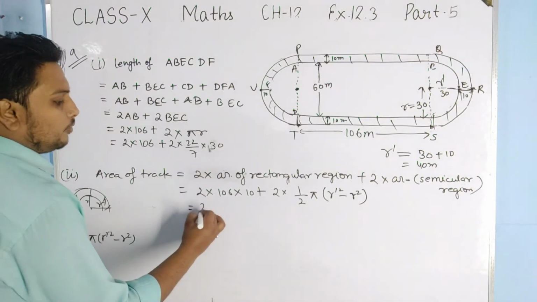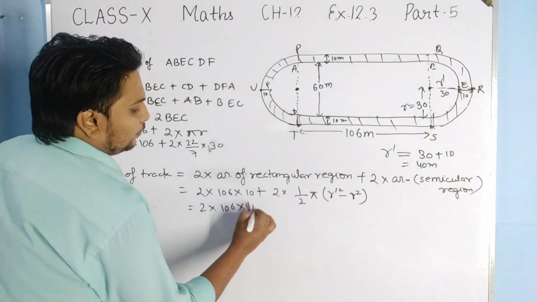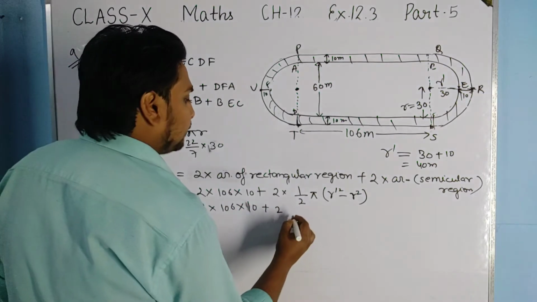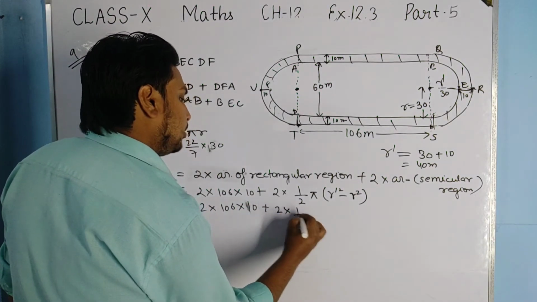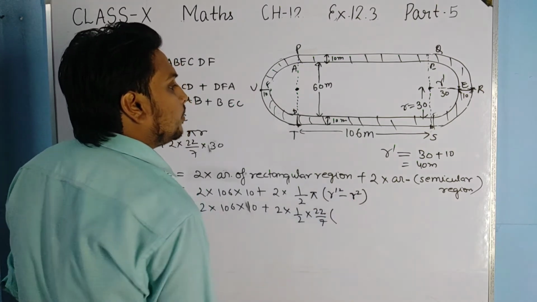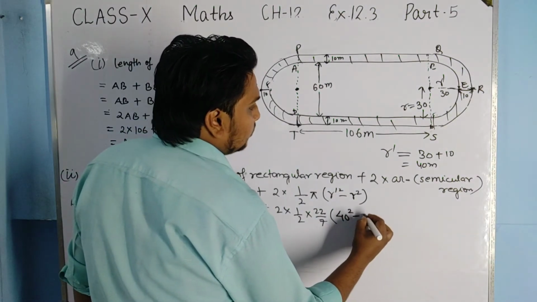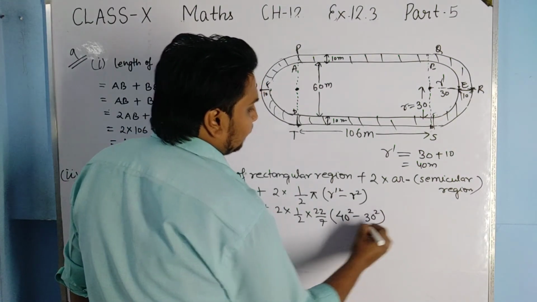Now you will put all the values: 2 into 106 into 10 plus 2 into 1 by 2 into 22 by 7, and r dash square minus r square means 40 square minus 30 square.